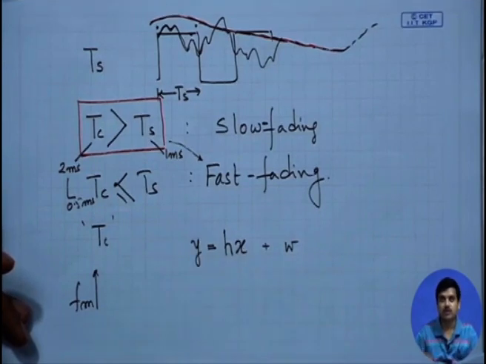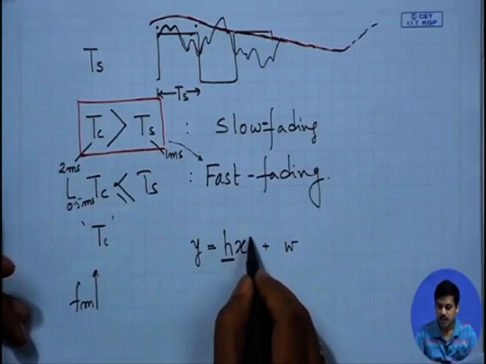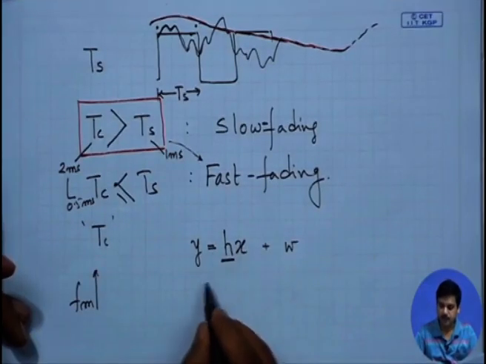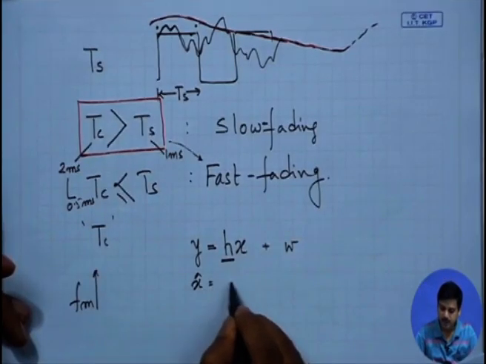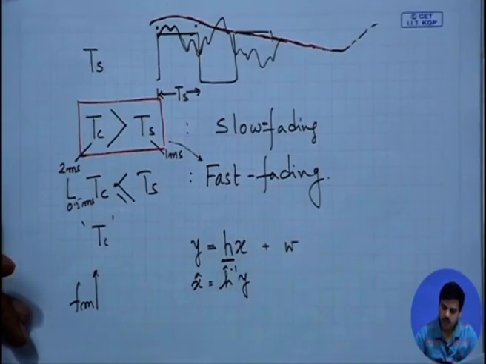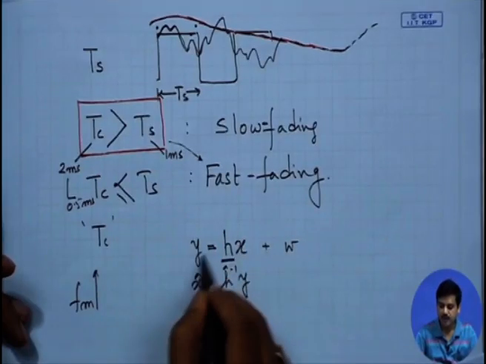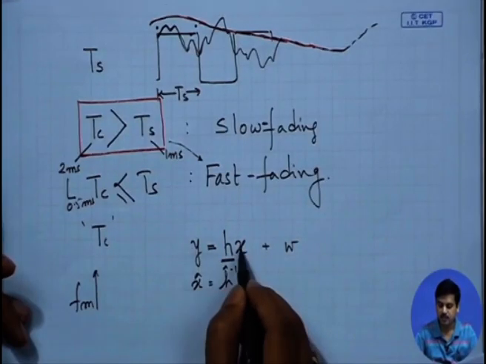So, I would receive the symbol y. If I could estimate h, then I could equalize the effect of h. For instance, x cap is equal to h inverse times y, and I would be able to recover x. That means, I would divide y by h and I would be getting back an estimate of x.